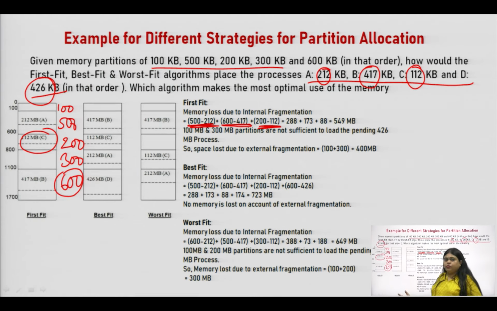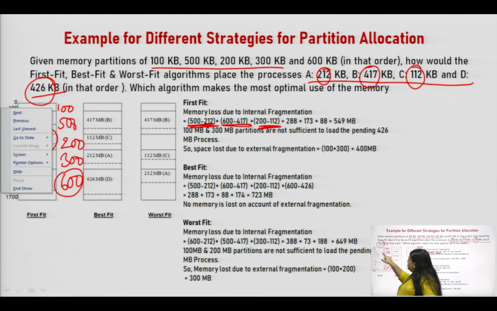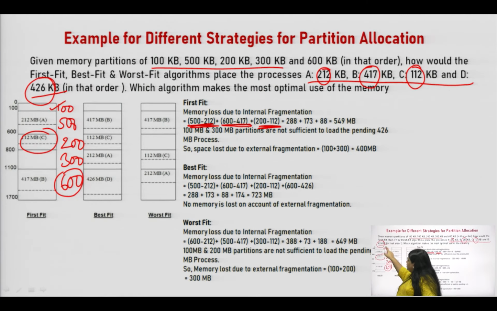Now, do we have memory left for 426 kb? Here we are not left with any memory block which can satisfy this requirement. We are left with the 100 kb block and the 300 kb block.